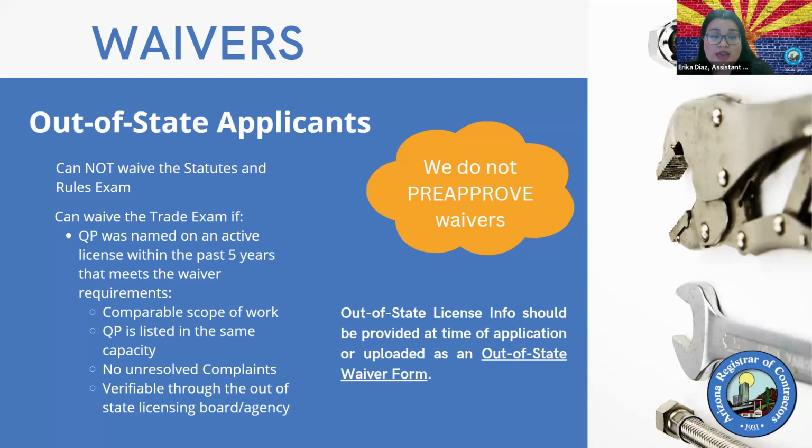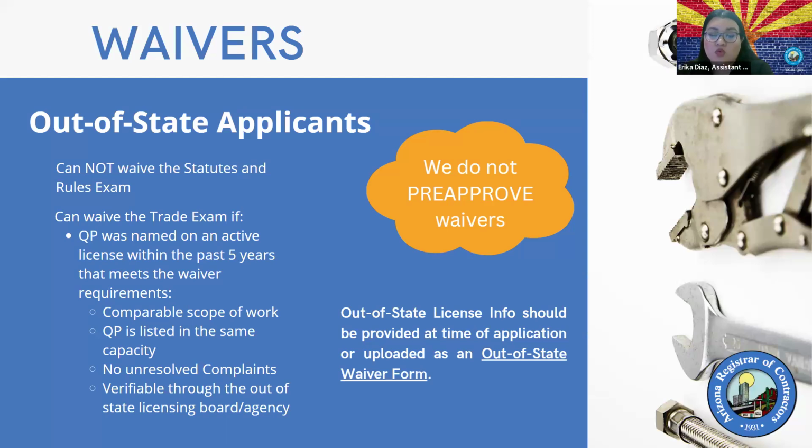We do also look at if there's any type of testing, what specific requirements there are. So there's quite a bit that we do need to contact or look up and research in that state to verify if an out-of-state license qualifies for us to waive the trades exam here.